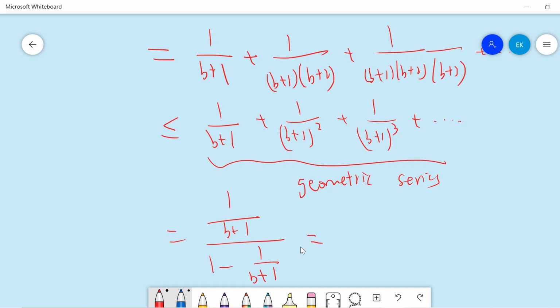What is this? It is 1 over b. And we know that b is larger than 1, so 1 over b is smaller than 1.